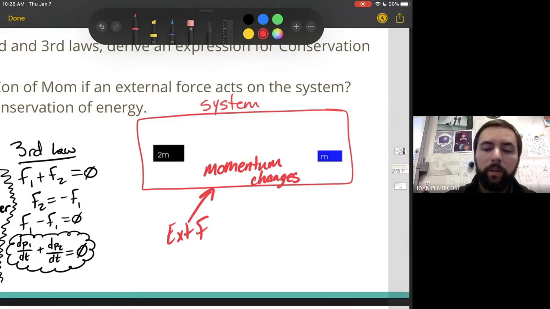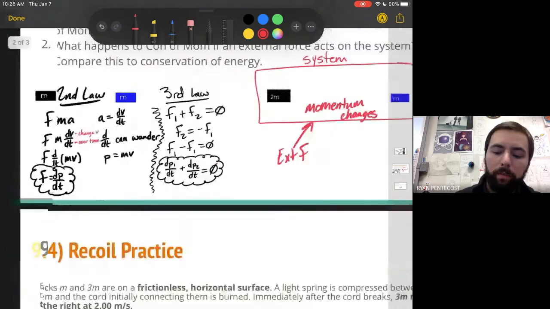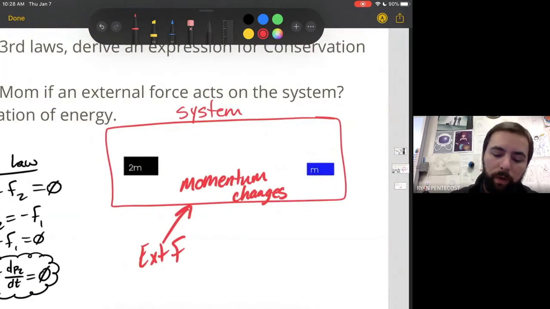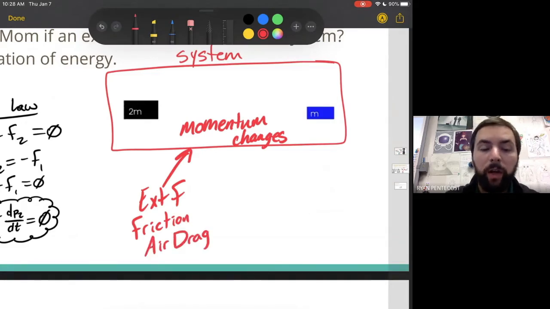This is because momentum is either taken away or added to the system by this external force, because we can see that force can lead to a change in momentum over time. Now, if we compare this to conservation of energy, any external force, say friction, or air drag, which we never used in our conservation of energy unit, can take energy out of a system because there's some external force acting on the system.